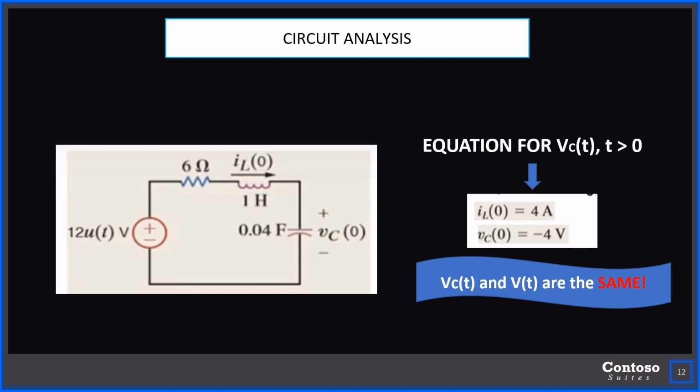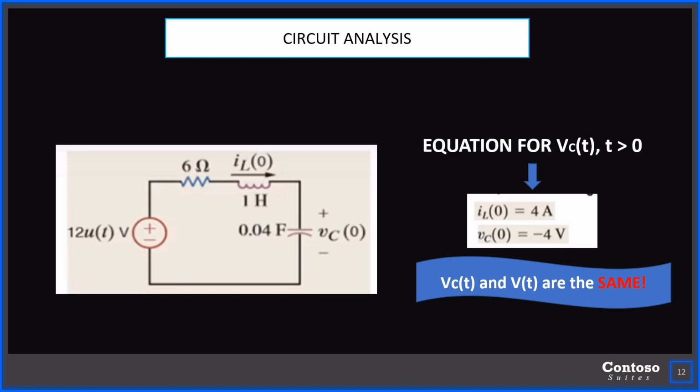So when we calculated, we got the inductor current, or the current, because this is a series circuit and it is the same throughout the series circuit, it is 4 ampere. So the current is 4 ampere and the voltage of the capacitor is negative 4 volts.